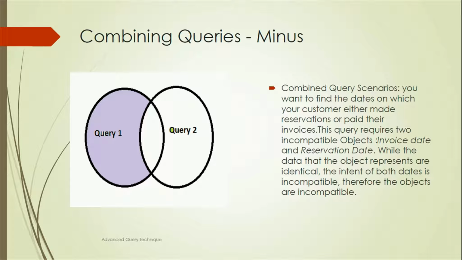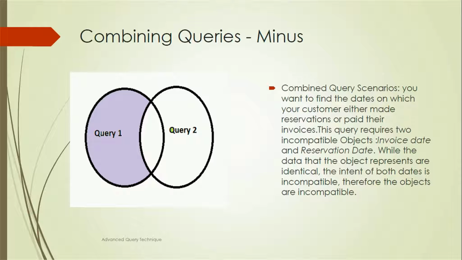Then minus will take the data from query 1, excluding the data where the condition is matching with query 2. So it will just extract the data from query 1, and the data that matches between query 1 and query 2 it will not take, and from query 2 it will also not take anything. Okay, so these are the three methods to create combined queries.